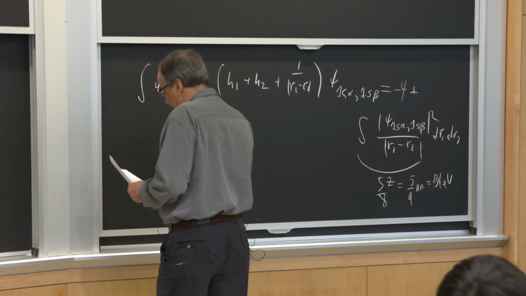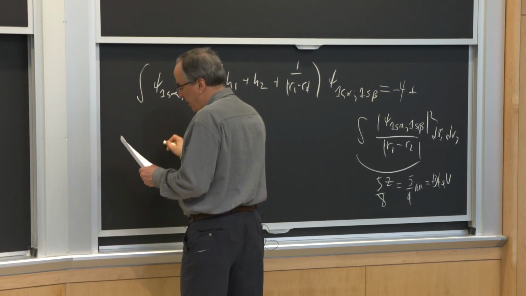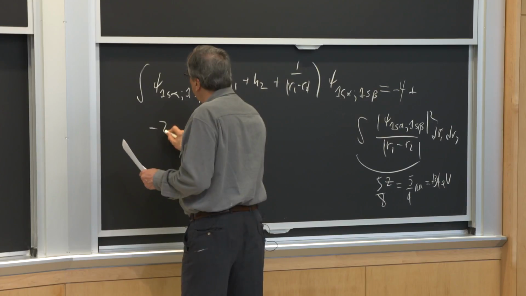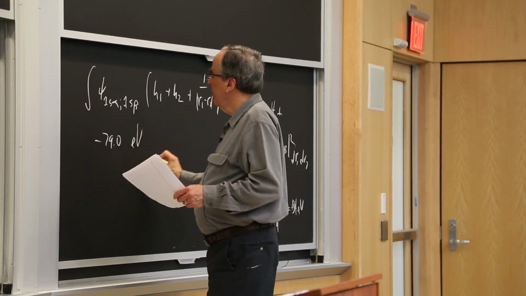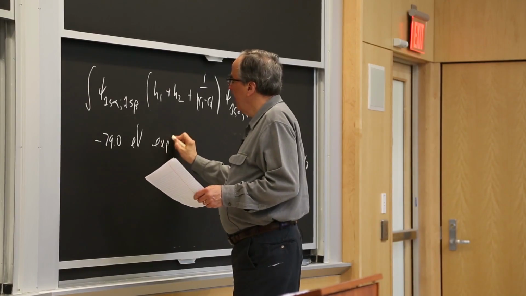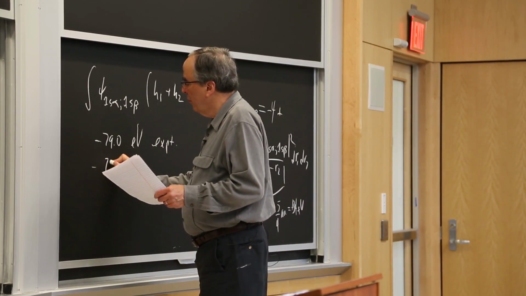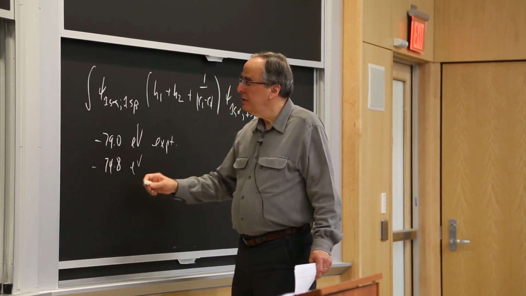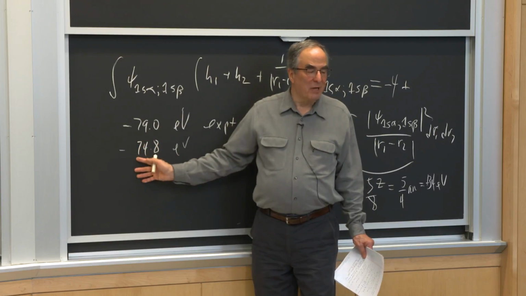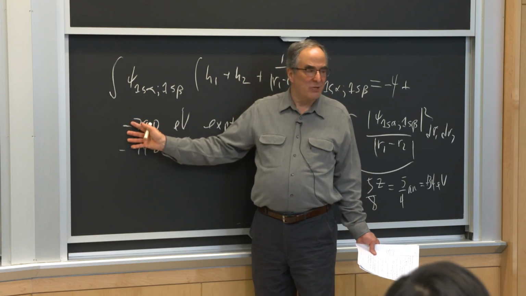The experimental value is minus 79. And now the calculated value is minus 74.8 electron volts. So this is marginally relevant to chemistry because the error is about the typical bond energy.